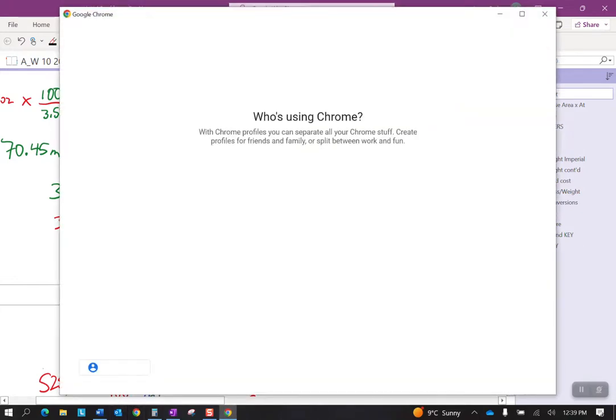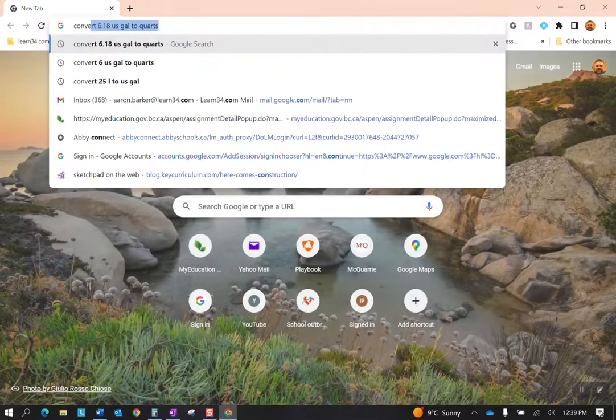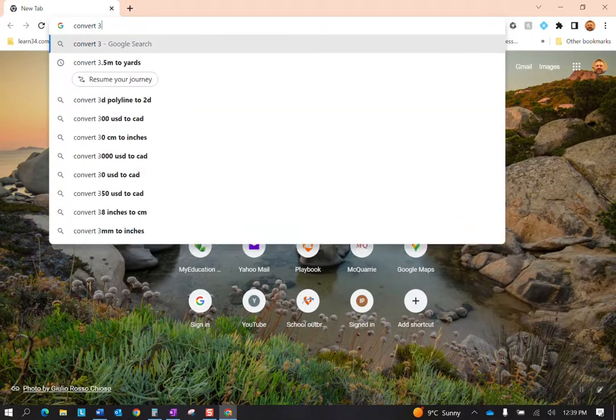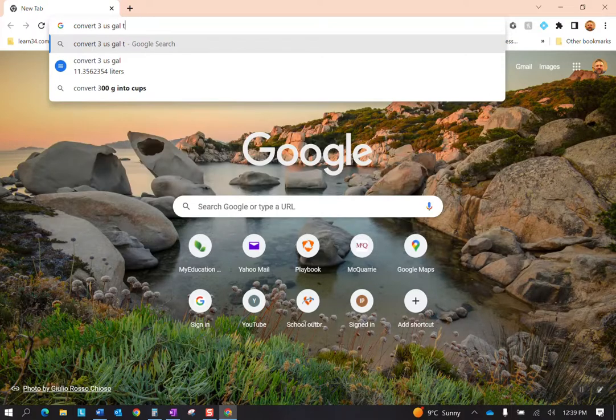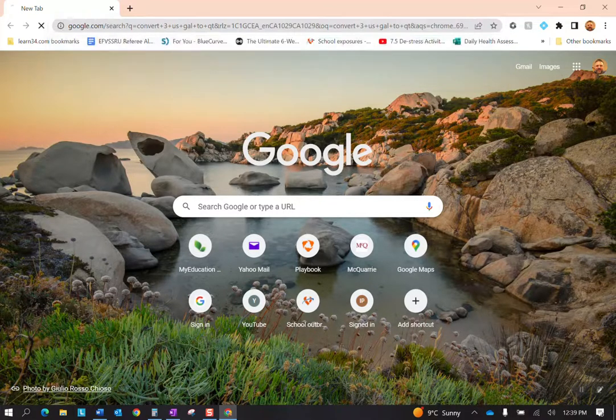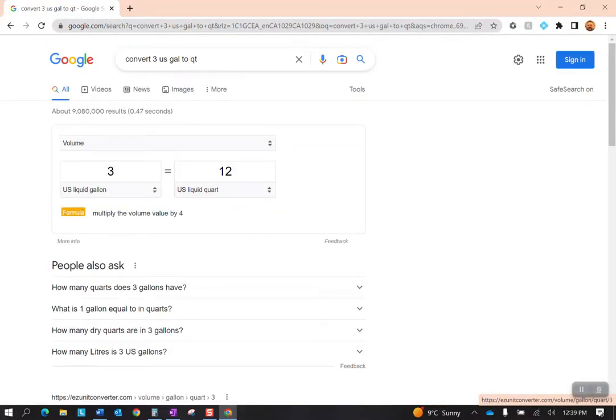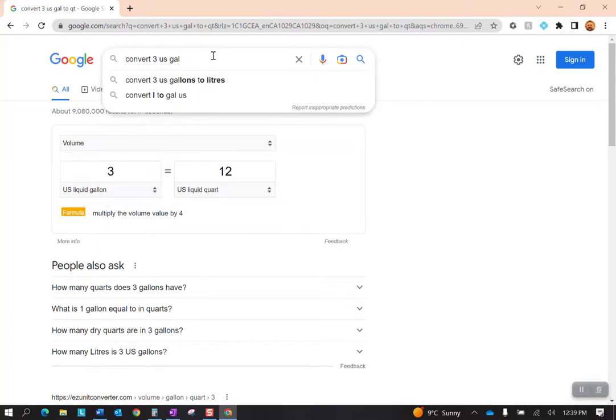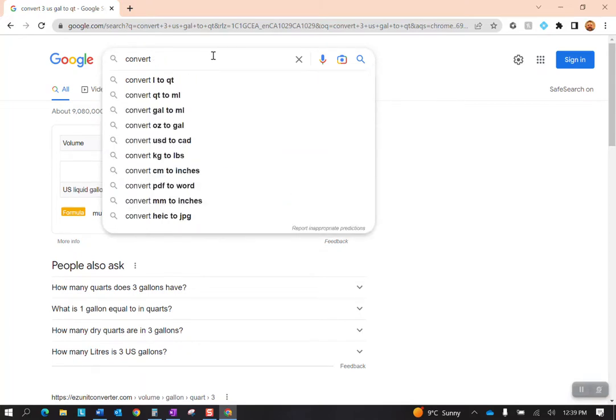Open up Mr. Google. Convert 3 US gallons to quarts, QT. Enter. Boom, 12 US liquid quarts. Okay. Let's say we want to convert pints to milliliters.